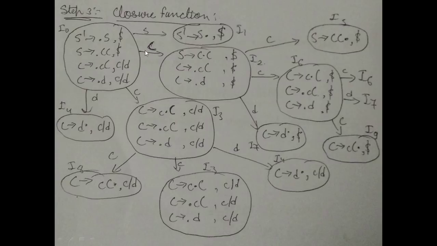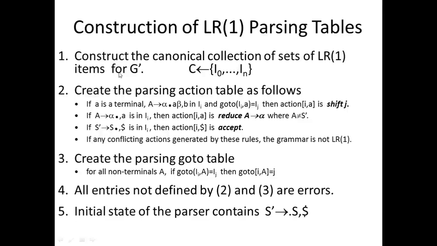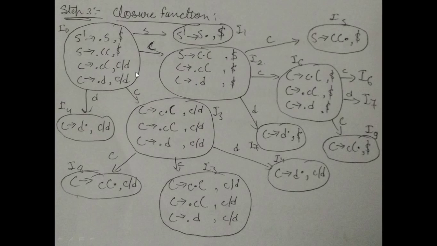Moving on, we construct all the transitions involving the next letters. Here we have capital S, capital C, and small c, small d. So the transitions are on capital S, capital C, small c, small d. As we did in the SLR1 construction, we do the same transitions here also.